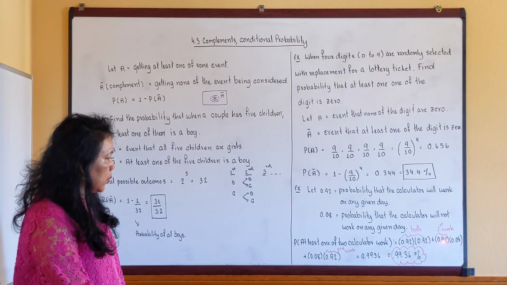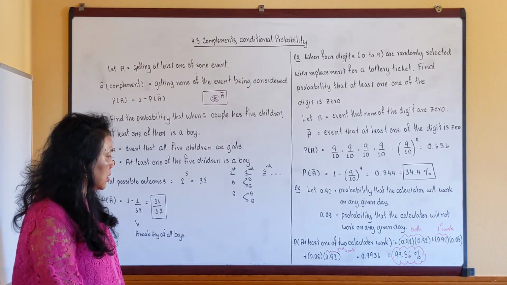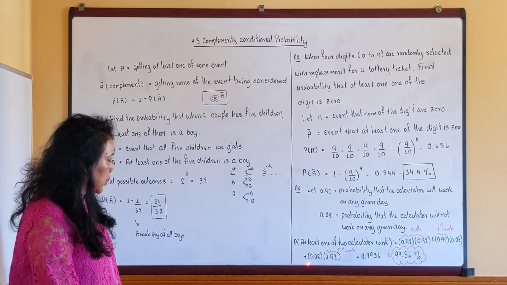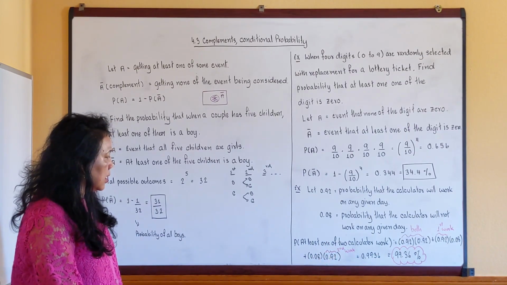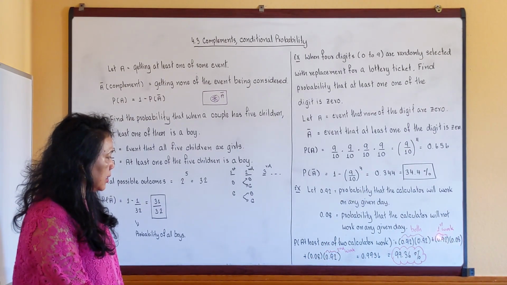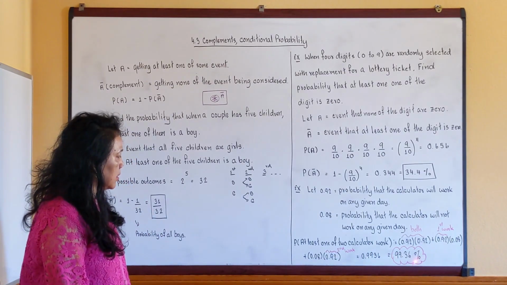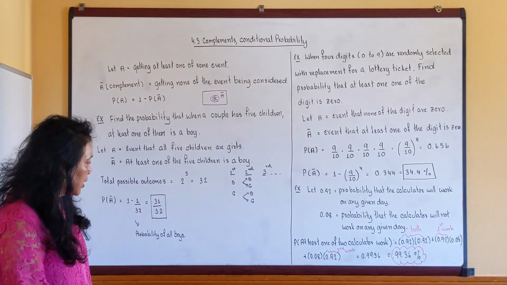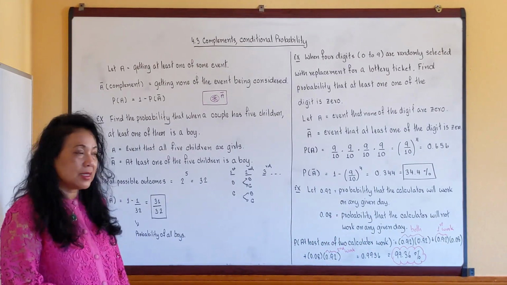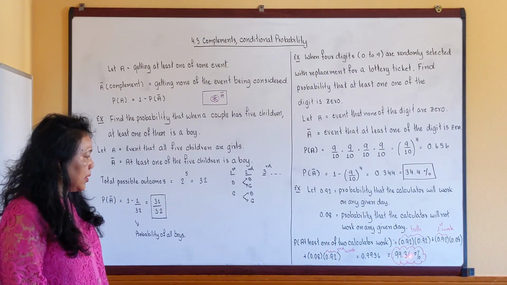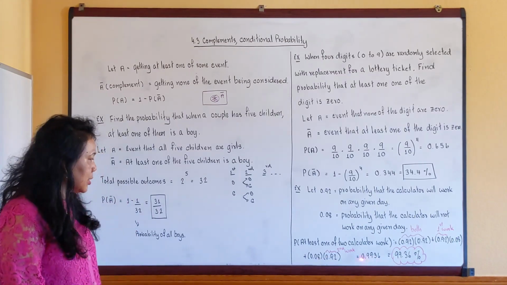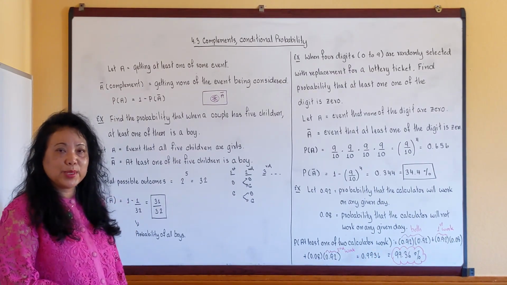Or the first one works and the second one doesn't, or the first one doesn't work and the second one works. If you multiply these and add them together, it's going to be 99.36%. Which means if you bring 2 calculators to take the test, there's a 99.36% chance that at least one of them will work and you can complete your test.